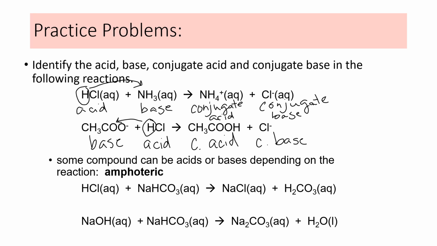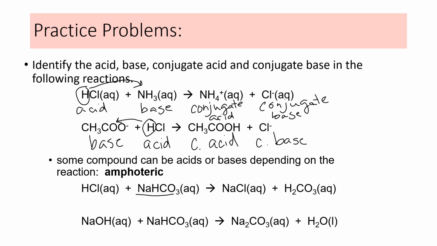Some compounds can be acids or bases depending on the reaction. Sodium hydrogen carbonate is an example of a compound like that. And sodium hydrogen carbonate is baking soda, so it's an interesting one to look at. Let's look at this first reaction. Is the sodium hydrogen carbonate acting as an acid or a base?